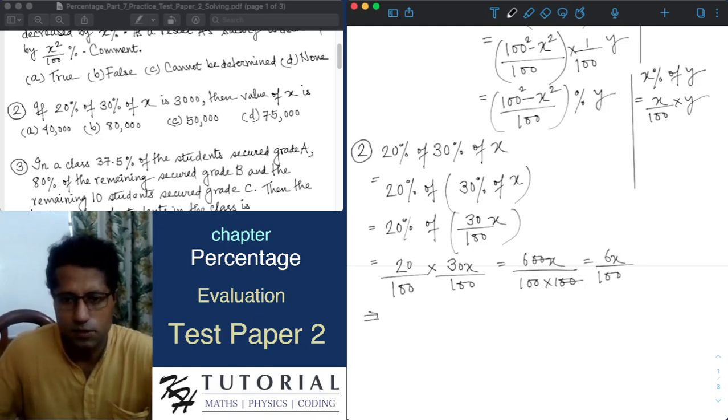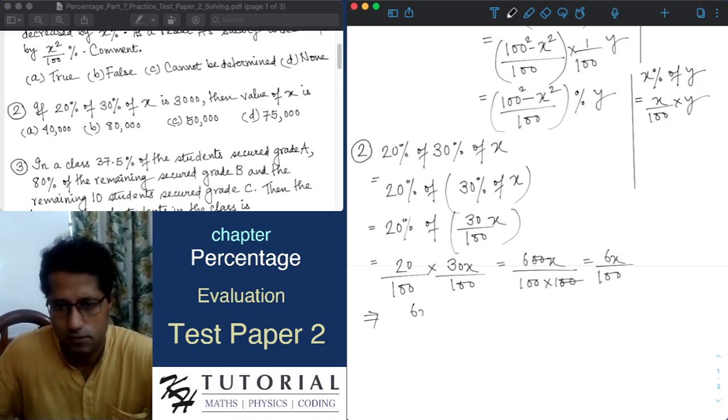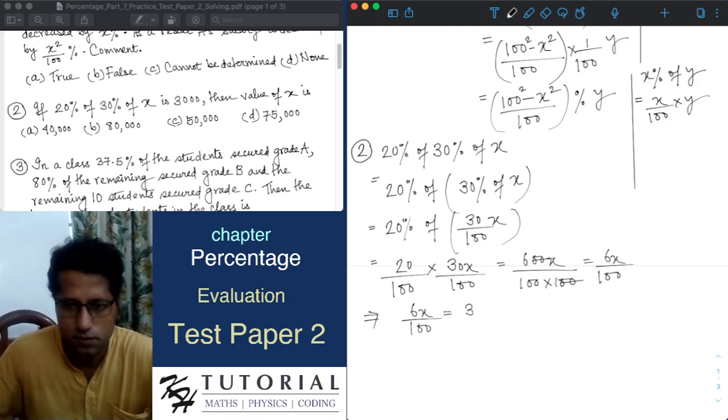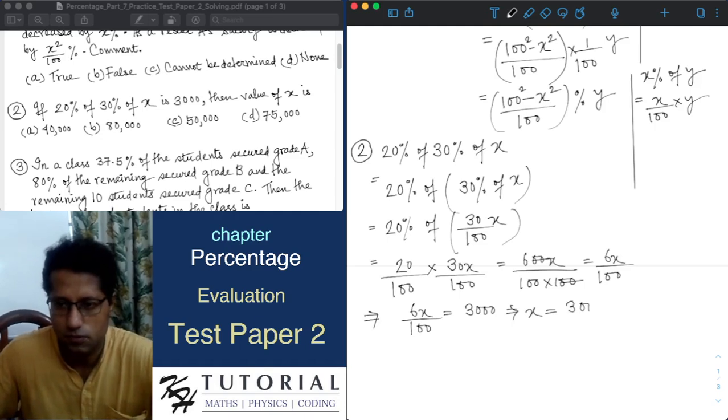Now this value is given to be 3000. So we can say that 6x by 100 equals 3000. From here we can solve x as 3000 multiplied by 100 divided by 6.